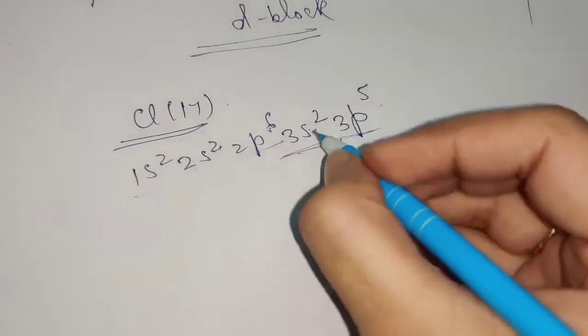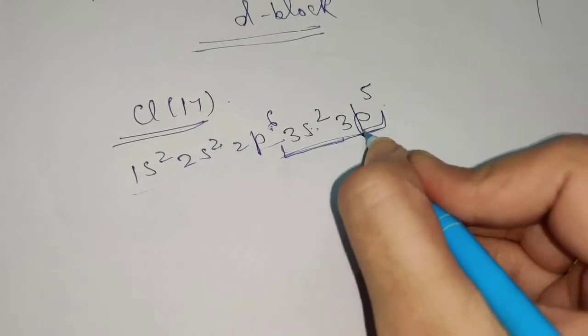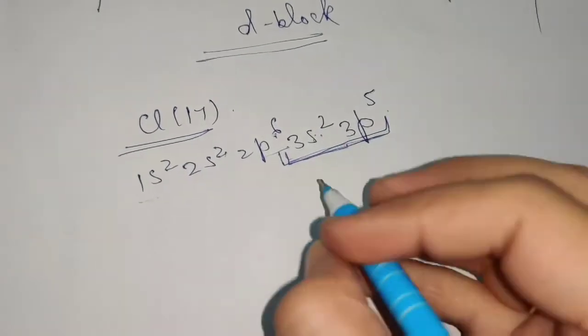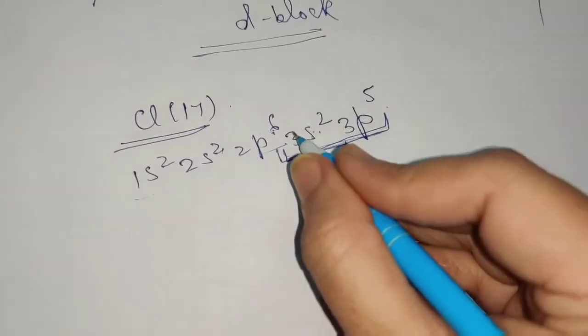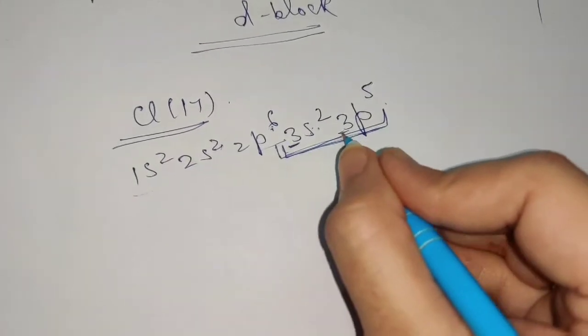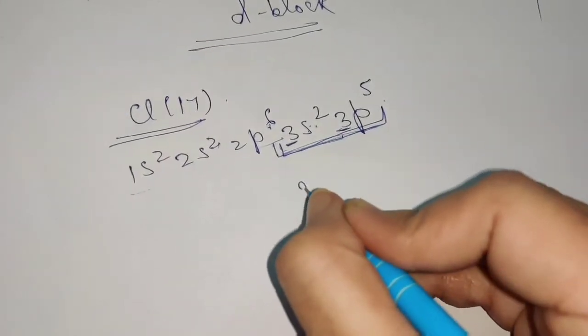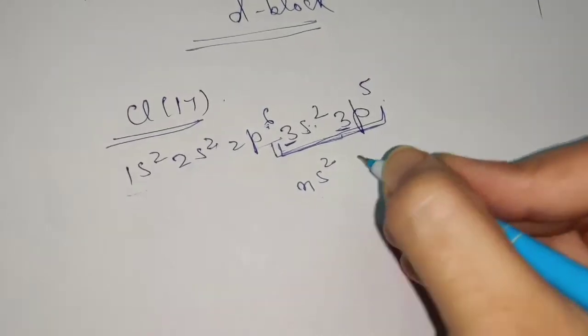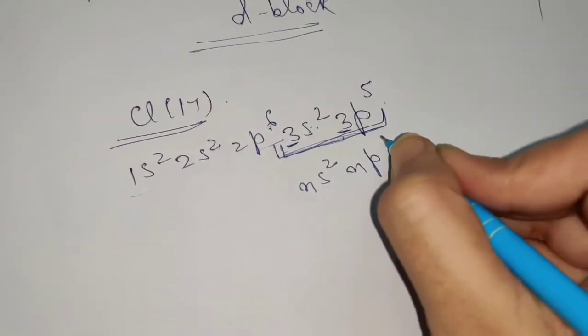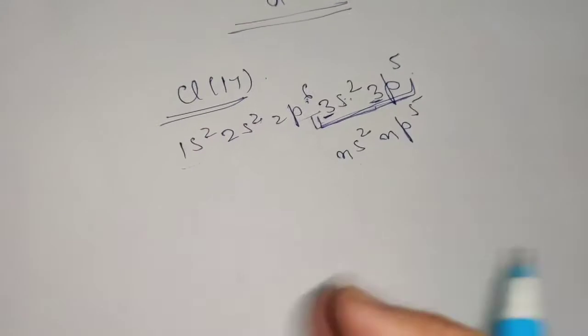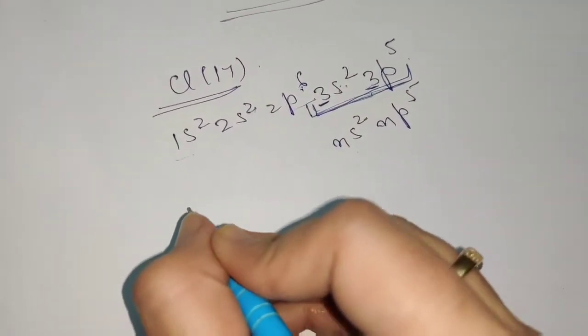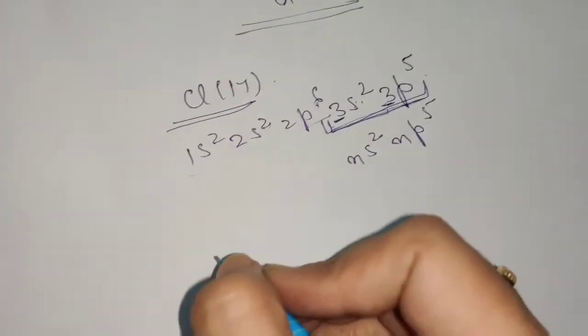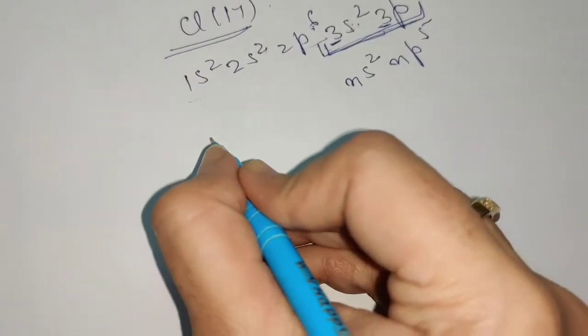This is the outer electronic configuration of P block, where you can see that the third shell is the outermost shell. In general you can write ns2 np5, right? So what happens if you write separately for each group, starting from group 13.